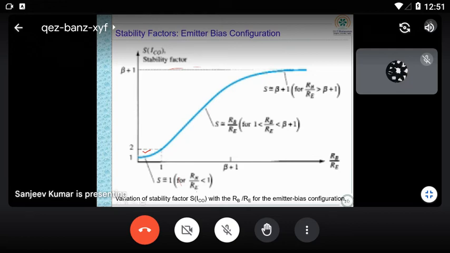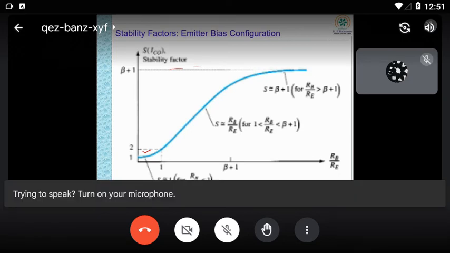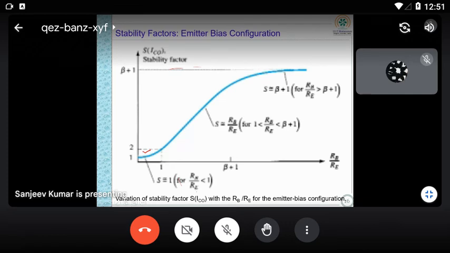So accordingly, you have to take the resistance value. That does not mean you can take any value for your circuit. Another important factor is stability, and from this graph you can see in which region my circuit or network should be. Based upon that, you have to select your RB and RE values.